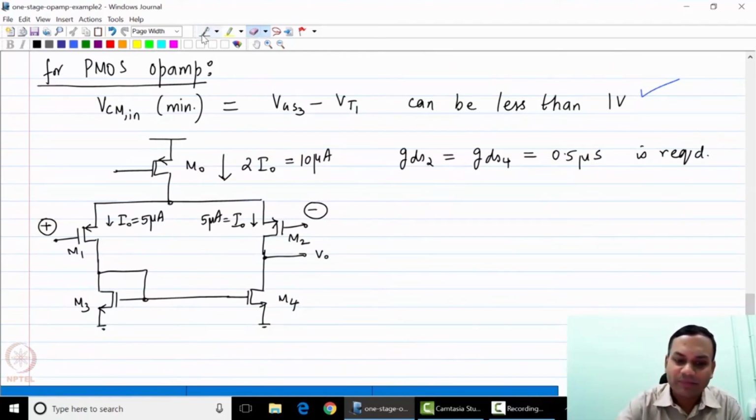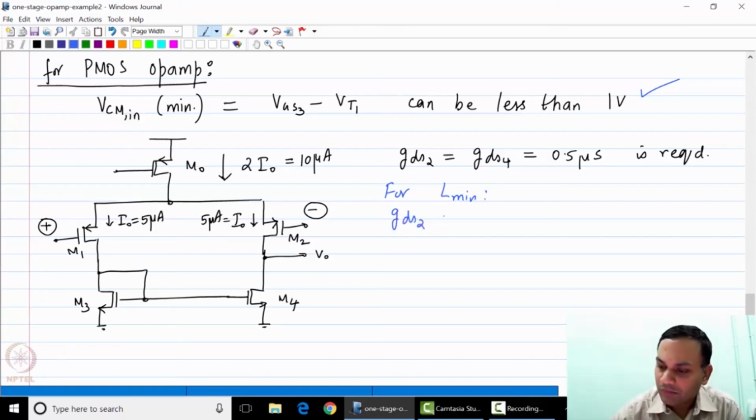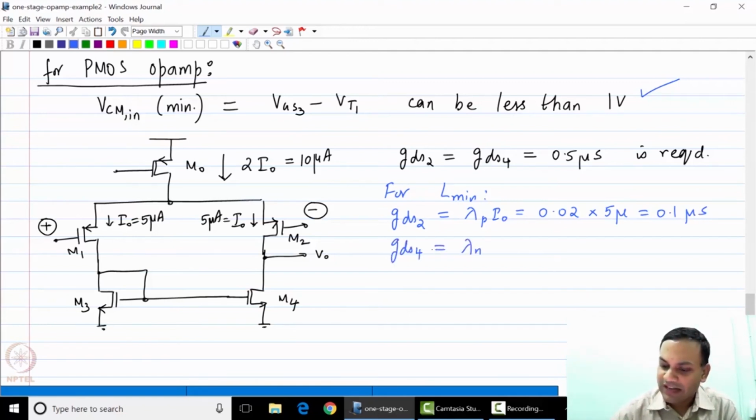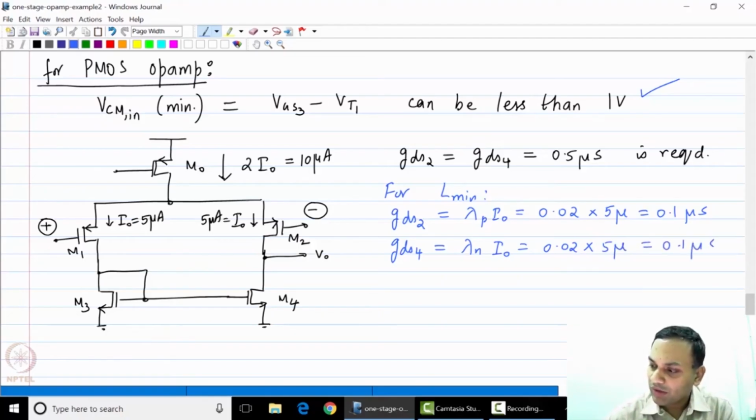For our circuit, if we were to use L-min, GDS2 is lambda p times I naught. This is 0.02 times I naught, which is 5 microamps, or 0.1 microsiemens. Similarly, GDS4 is lambda n I naught, which is again 0.02 into 5 microamp, which is 0.1 microsiemens.